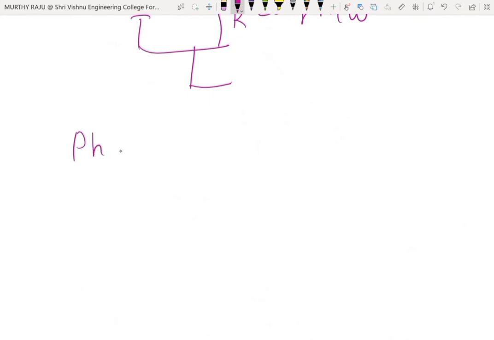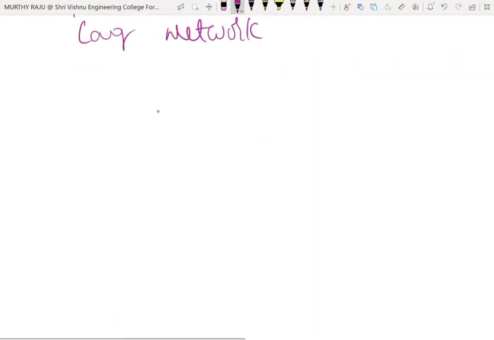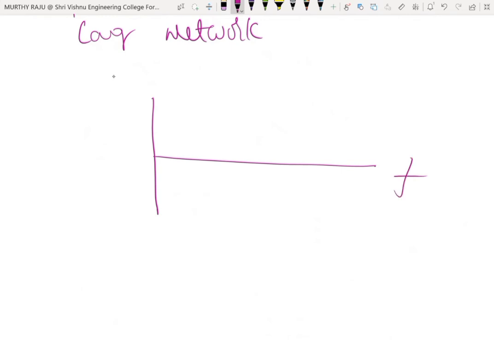Phase shift curve of the lead and lag network. This is frequency versus phase shift.